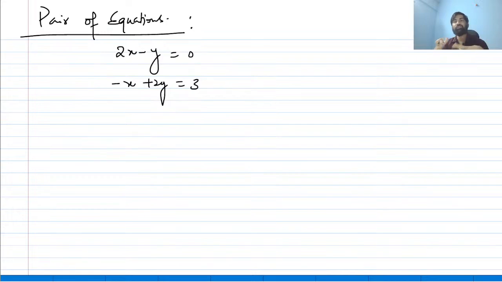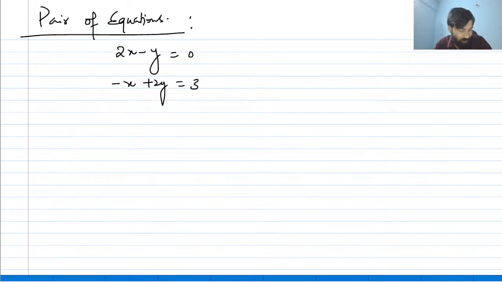If I ask you, can you solve these two equations? Can you suggest the methods you know to solve a system of linear equations with two equations and two unknowns, which you have studied in your class? How can you solve these two equations to determine the values of x and y?